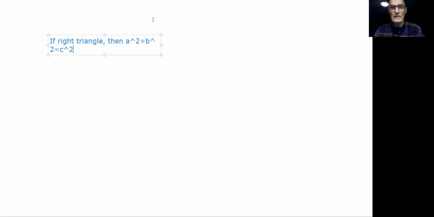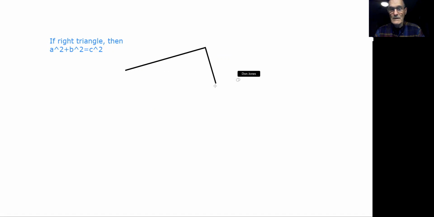With the types of problems we have, you can have a given triangle. If you have a right triangle, then the straightforward type of problem would be to be given two of the sides.